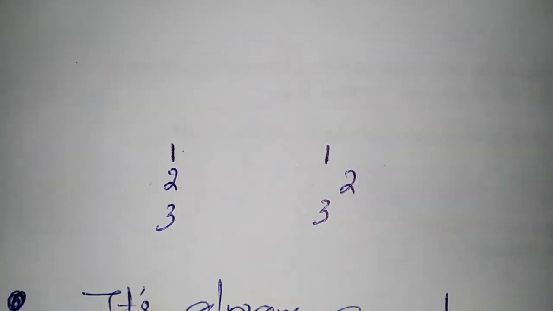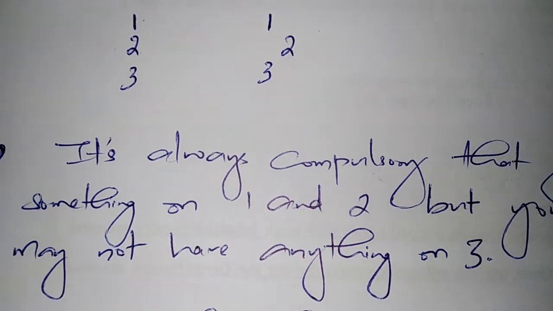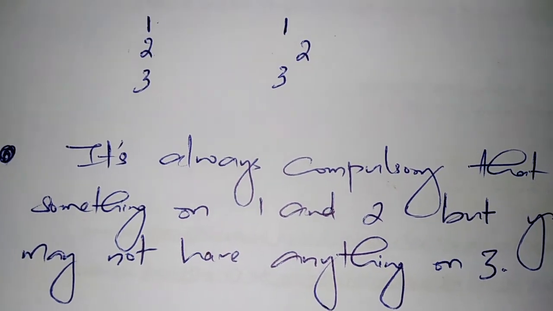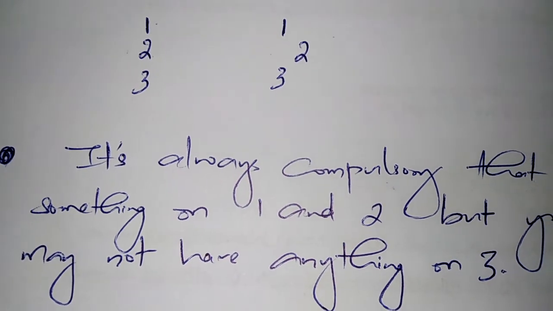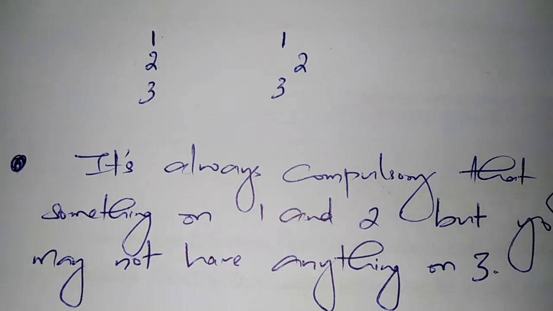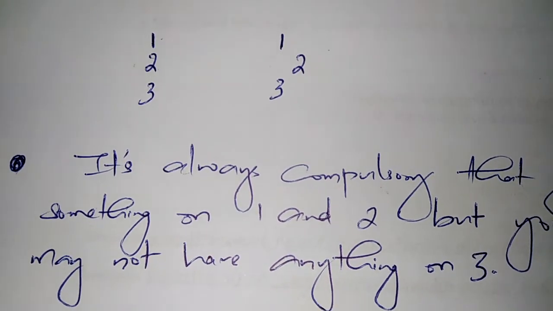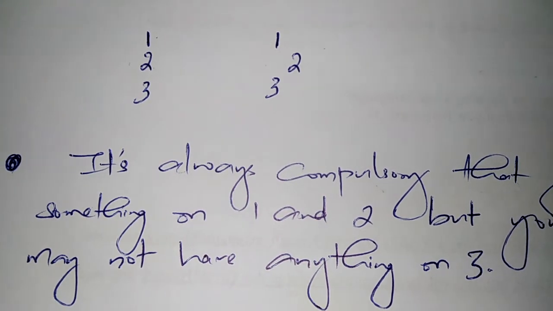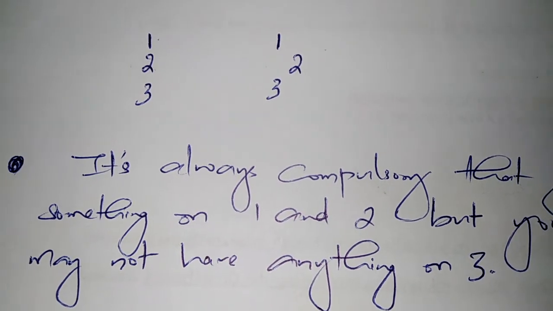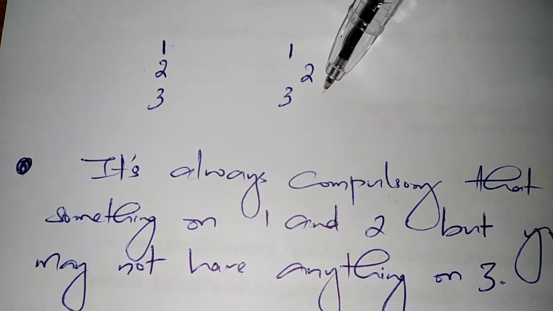Another thing is that it's compulsory that you always need to have something or the other in positions 1 and 2. And as for vowels, that is the number 2 position, the orientation of the vowel used in position 2 determines whether you use this order or this.